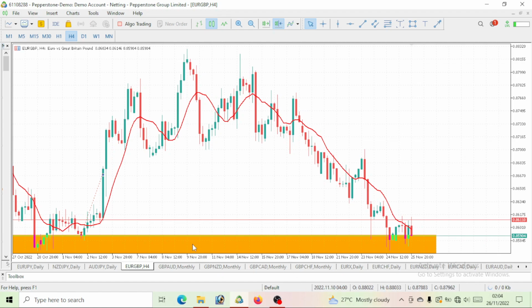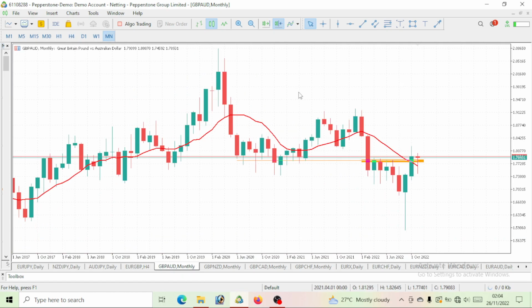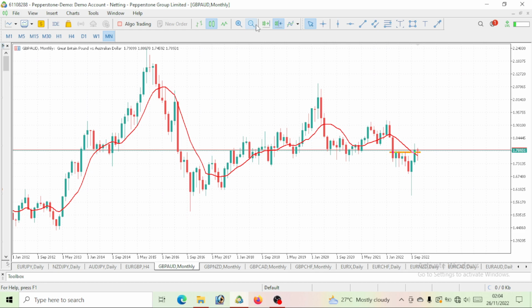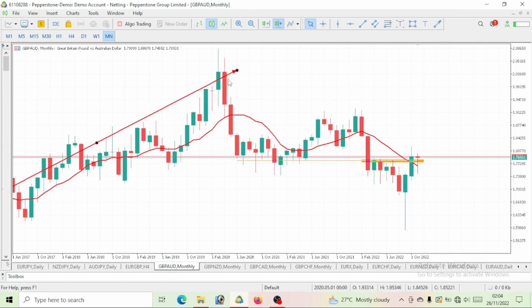So that should take us to the next one, which is GBPAUD. We'll start with the monthly time frame. So let's see this movement from here. First of all, the movement on this GBPAUD was a bearish move, right? Now the price has given us a reversal movement. We are now having a bearish move. So at first, this price was bullish on GBPAUD, giving us a bullish move.